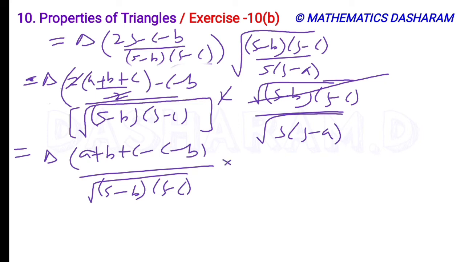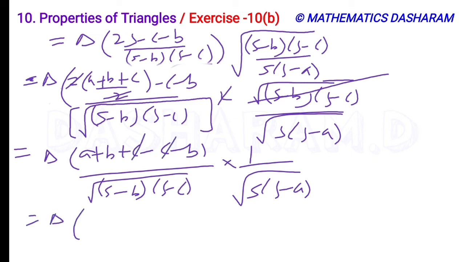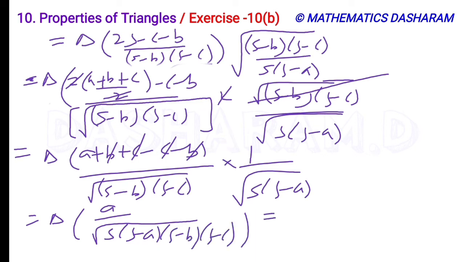So here the denominator is 1 by under root s into (s - a). So delta bracket of a plus c plus b minus b, b cancels, a by, here the total denominator is s into (s - a) into (s - b) into (s - c). So delta into a divided by, it is the formula of delta, so delta cancels. It is equal to a, so it is LHS, so hence proved.